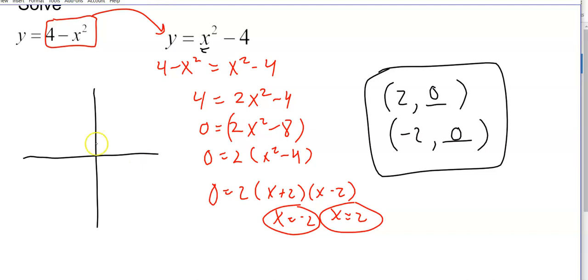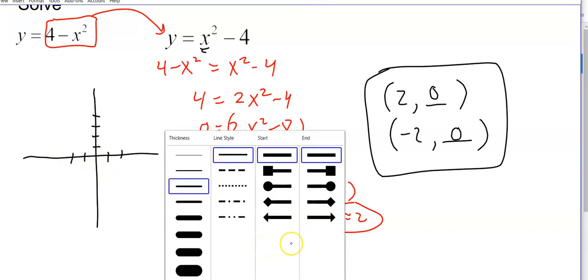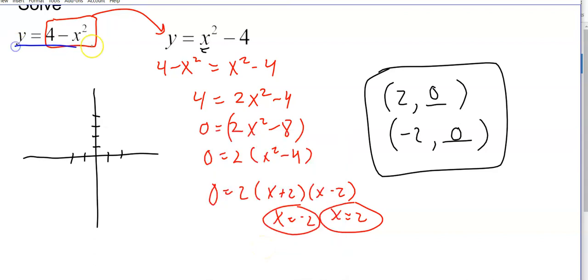So this graph looks roughly like this. This one has a y-intercept of 4, and it's a parabola, a really rough graph.